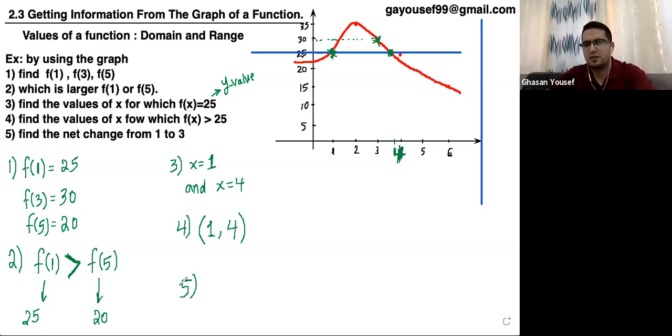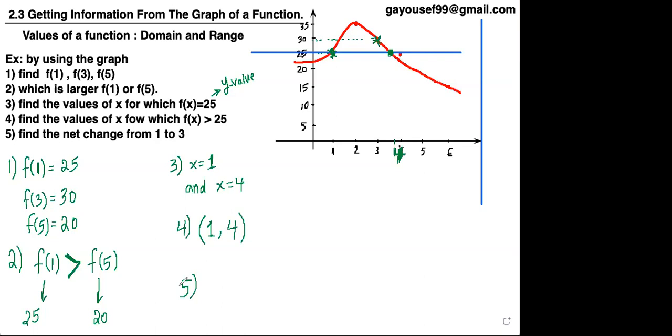What is the formula for the net change from 1 to 3? Mayesha said 2, but can you give me the formula? Do you remember the formula? Yes, Professor. If I'm not wrong, the formula was f of b minus f of a.